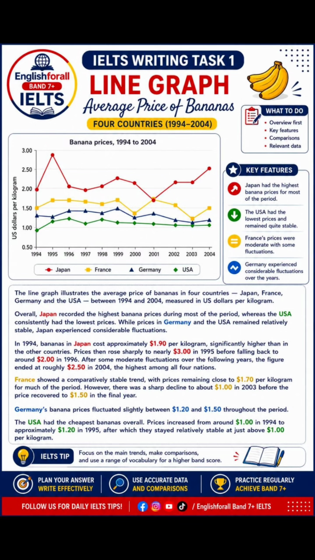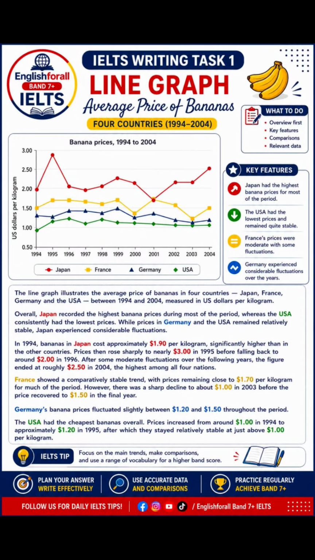After some moderate fluctuations over the following years, the figure ended at roughly $2.5 in 2004, the highest among all 4 nations. So you can look at this paragraph. We are just talking about Japan, how Japan's prices of bananas fluctuated during these years.